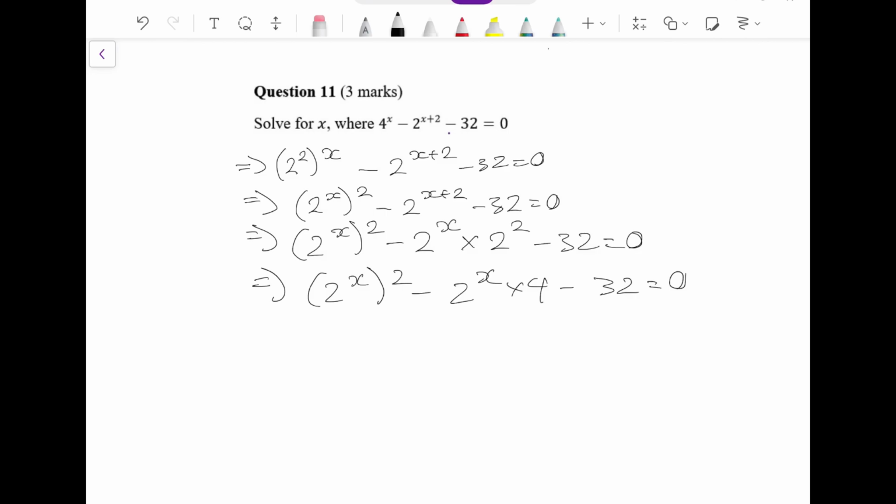Now, since the question is asking us to solve for the unknown x, we can see x is a part of the variable of 2 to the power of x. So in order to find x, we can start by solving what 2 to the power of x is. So let 2 to the power of x be a.